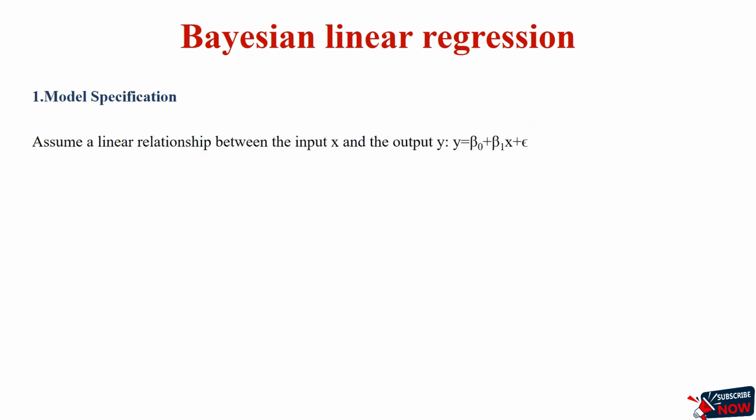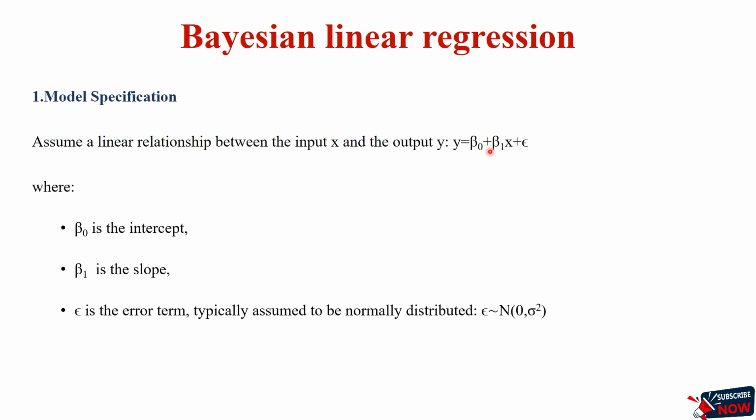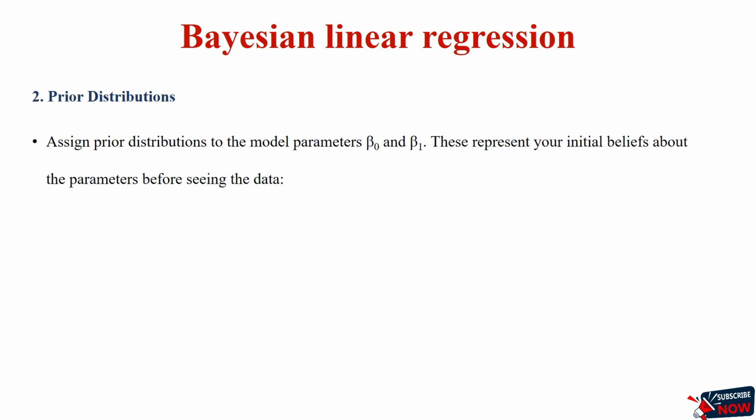Model specification. Let us assume a linear relationship between the input x and the output y, where beta naught is the intercept, beta 1 is the slope, and epsilon is the error term. Prior distribution.